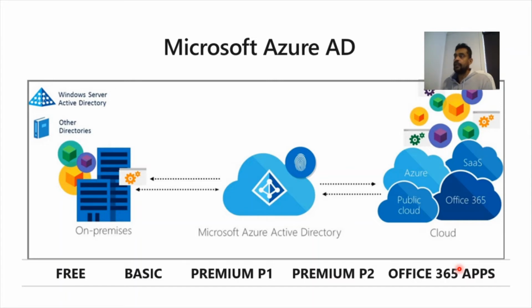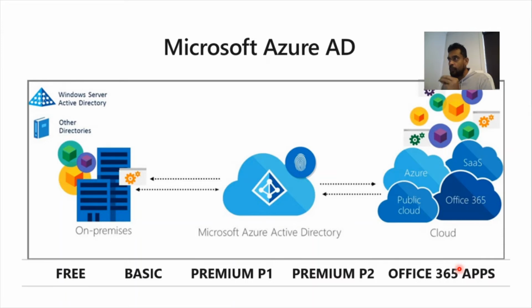If you compare Azure and Office 365, Azure is a cloud service where you can deploy virtual machines, virtual networks, and all that, and Office 365 is an application. Microsoft has created another product called Microsoft 365.